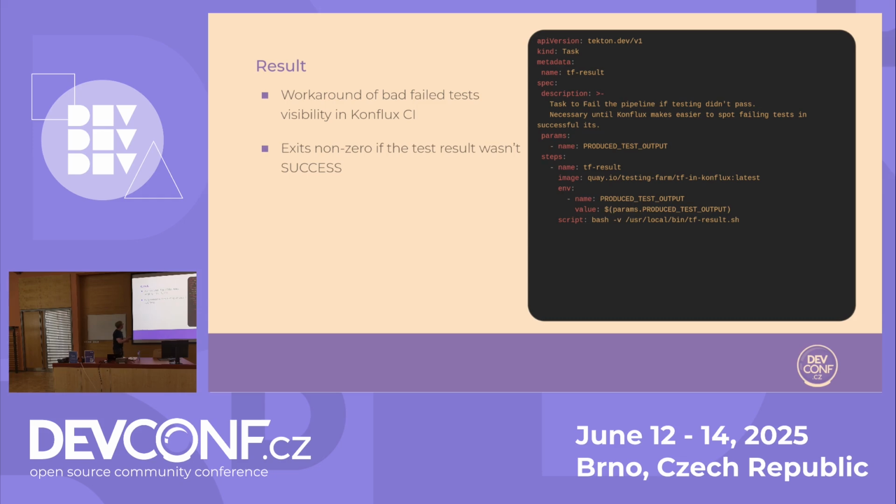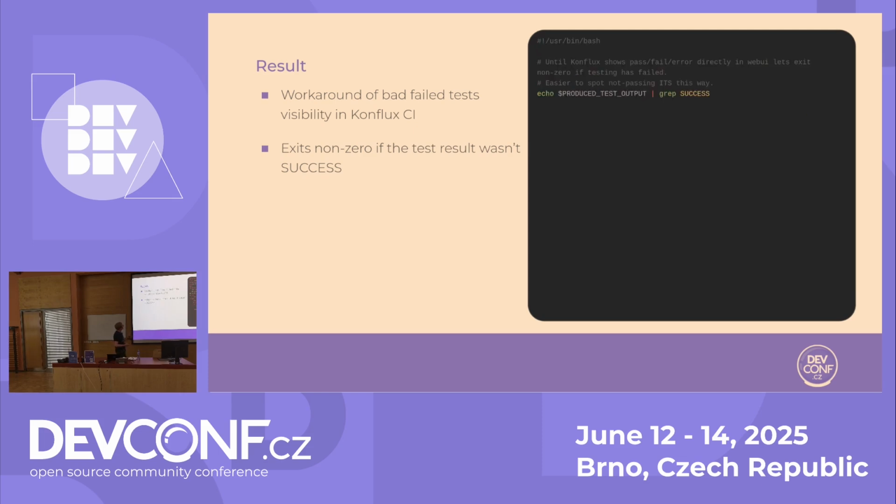The last task is a workaround for strange Konflux CI behavior. It has bad visibility of failed tests because it relies on non-zero exit codes, but our CLI exits with 0 even if a test fails. So we need this task to process the result returned by Testing Farm and fail if it is not success.